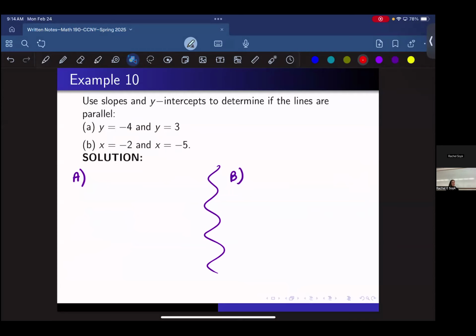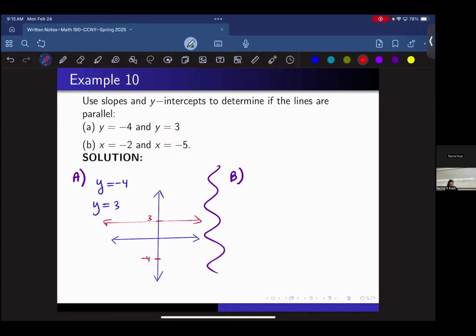Let's look at example 10. We have used slopes and y-intercepts to determine if the lines are parallel. Now we're looking at just vertical and horizontal lines. So y equals -4 versus y equals 3. These are two horizontal lines. If we were to plot these, are these parallel? They are. -4 is here, +3 is up here.